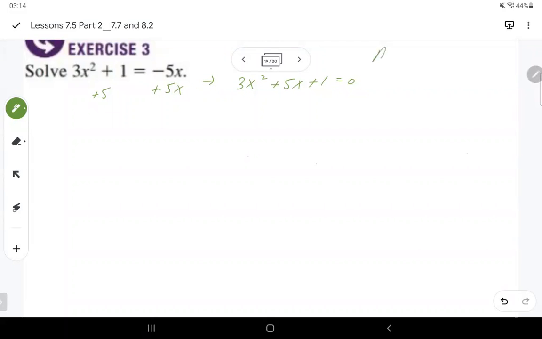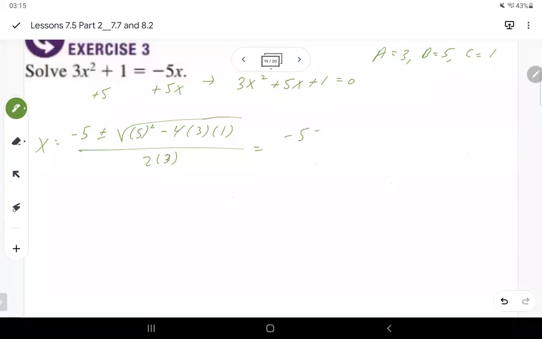So here we have a equal to 3, b equal to 5, because I moved it to the other side, and c equal to 1. We're going to add it all into our quadratic. So this will be -5 plus or minus the square root of 5 squared minus 4 times a times c, all over 2a.